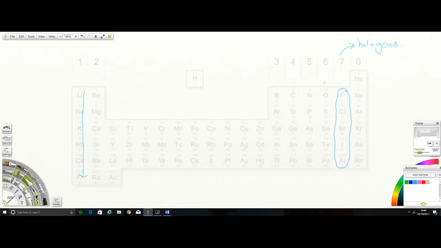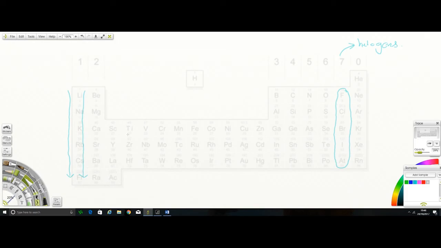Now what we need to know about group 7 elements is how they are in terms of their trends. If you remember, with group 1 elements down here, what we should have learned is that they become more reactive as you come down the group.